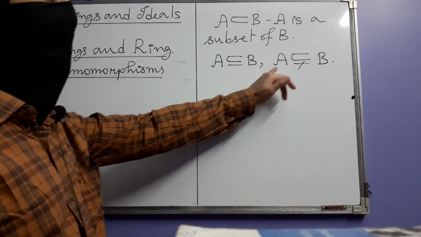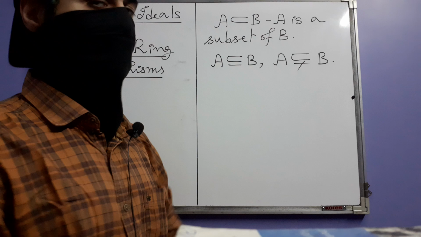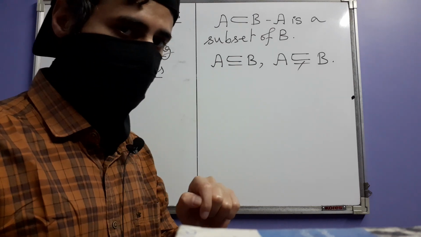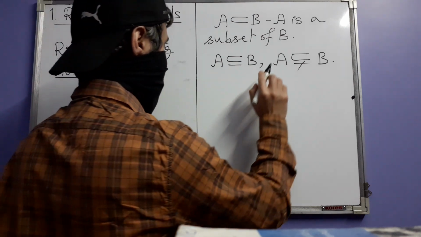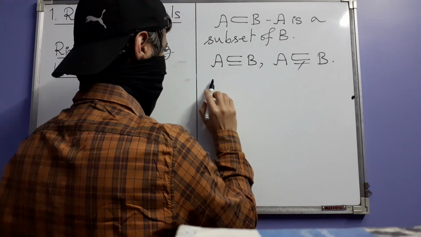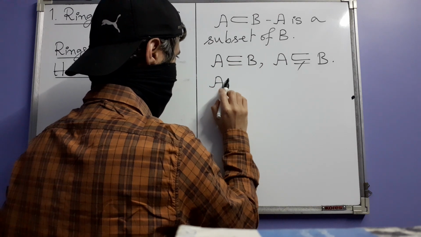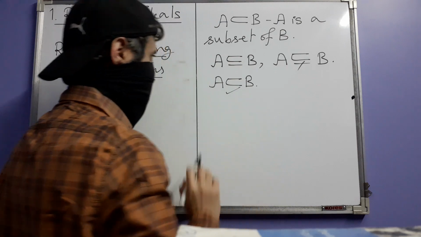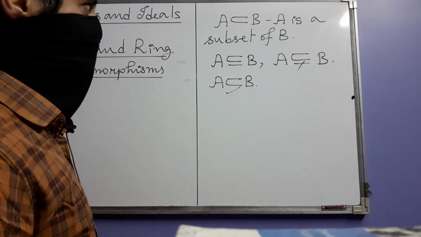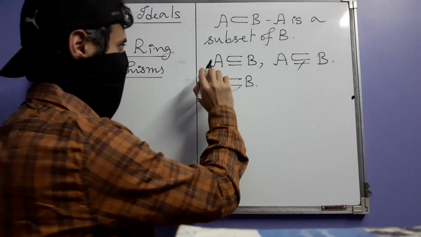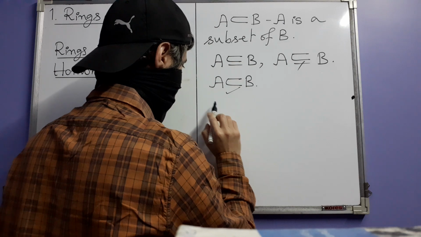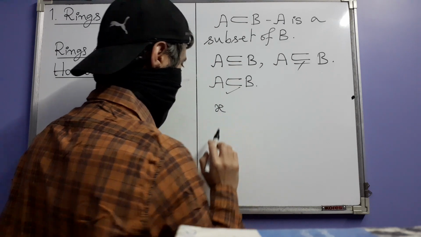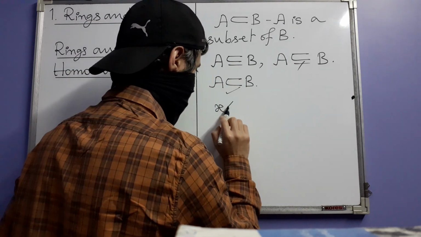That is, A is a subset of B, but A is not equal to B. In this book, however, in Atiyah's book, this same proper subset relation is written like this. This means proper subset. So it's like writing something like this. Say x and y are two numbers.